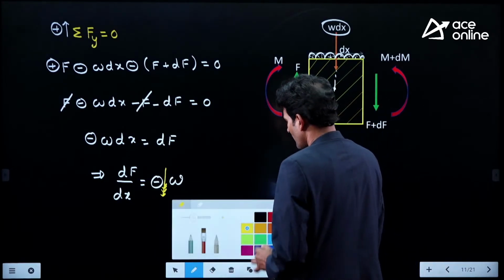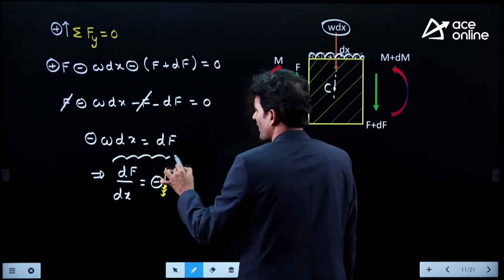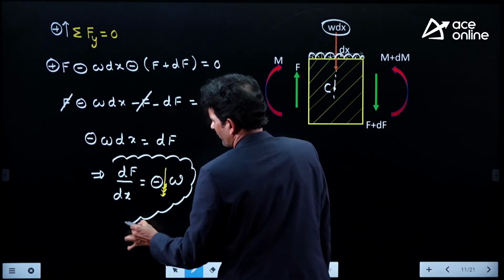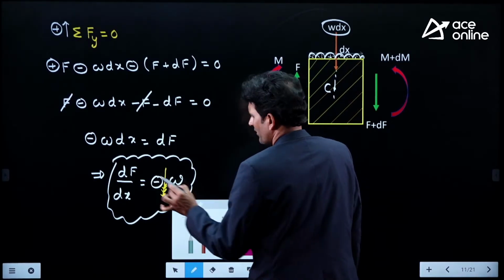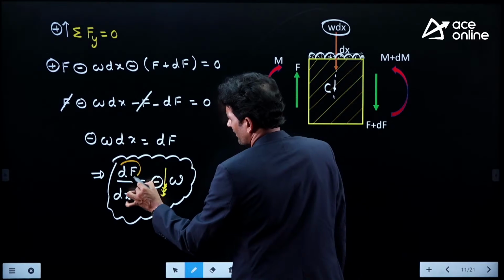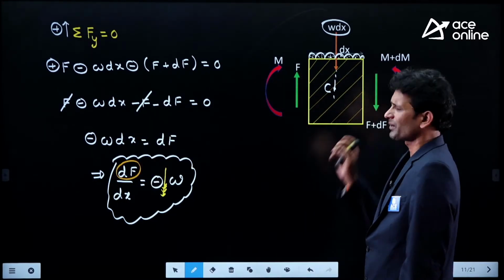So one relation we are having between shear force and the rate of loading condition. What is that? Now look at here. If I observe this part, if you take this numerator part, it is nothing but the change in shear force between any two sections.